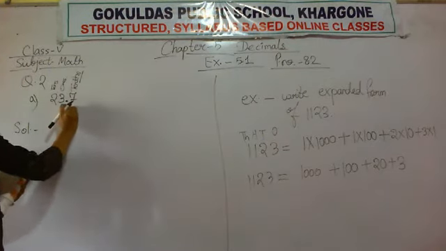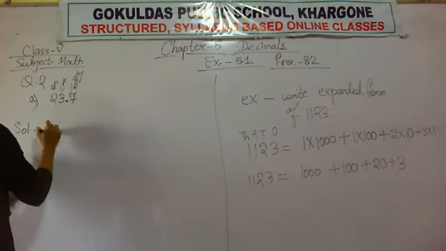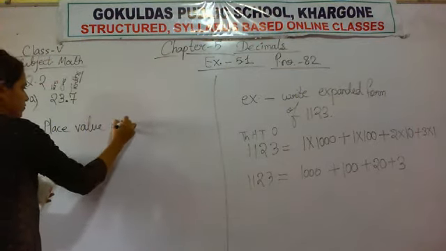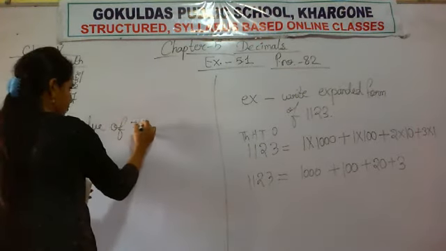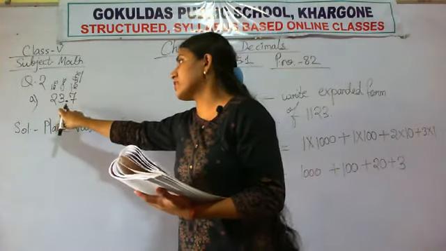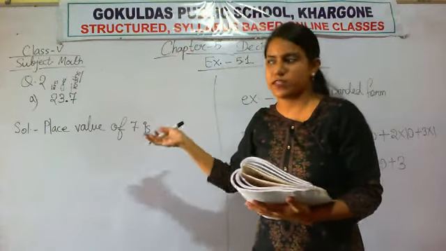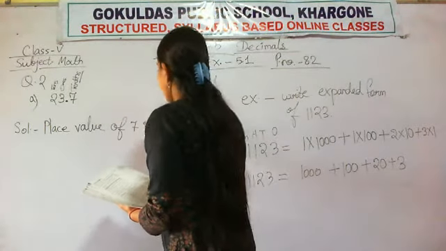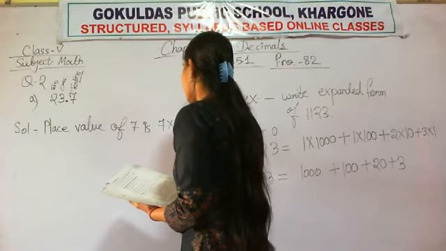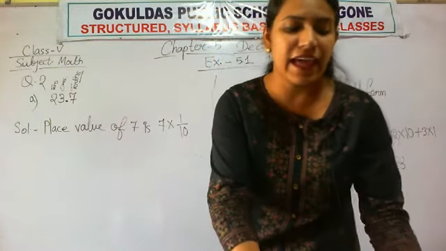So let me write the place value of this 7. Why am I writing the place value of this 7? Because it is written after the decimal point. Place value of 7 is 7 multiplied by 1 upon 10. Why 1 upon 10?